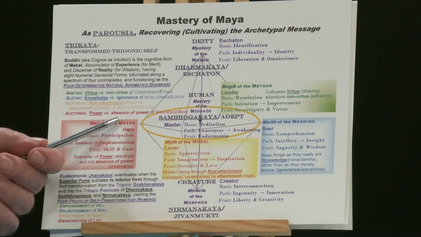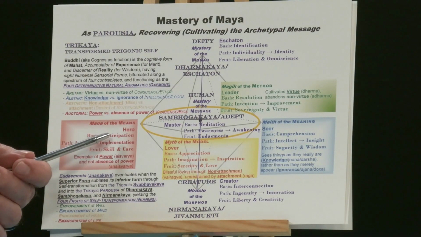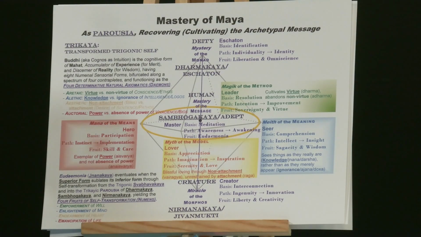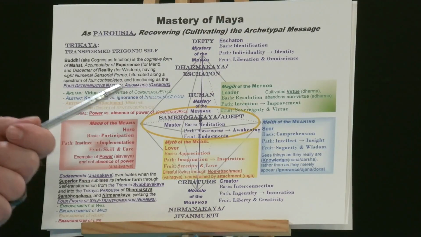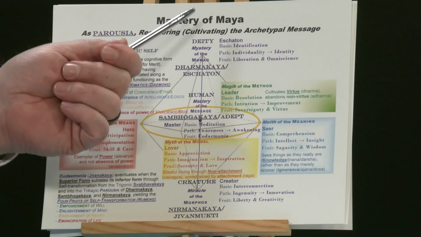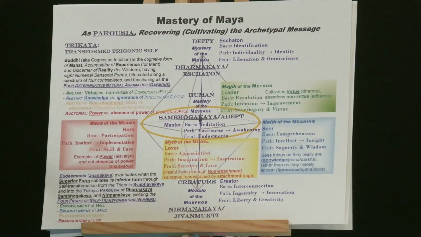And in the same way, there's a means to accomplishing anything that occurs. There's meaning, there's a model, there's a means, and there's a method that's being utilized by the will in order to accomplish the various things.